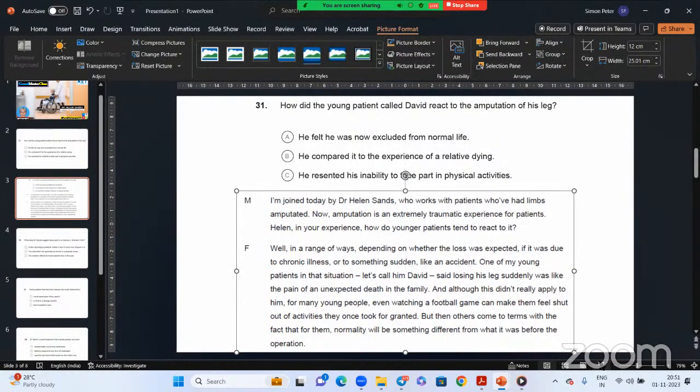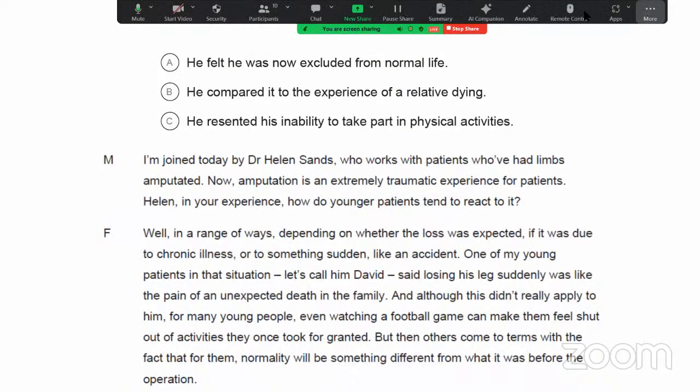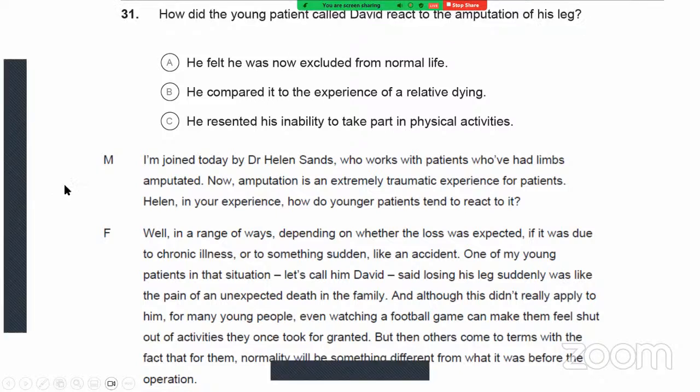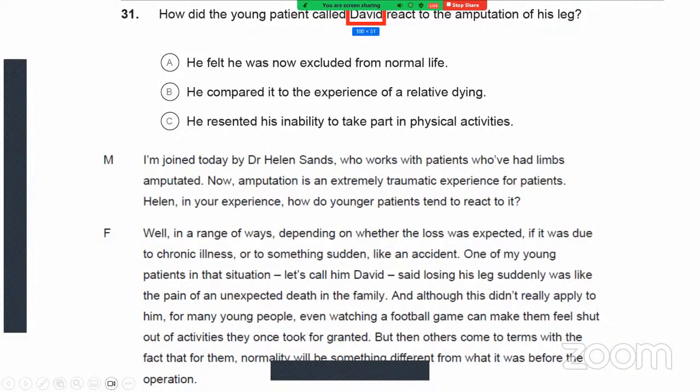Now we made this listening into reading. We made this listening into a reading style. Now let us see here. David. Okay, let us take it like that.